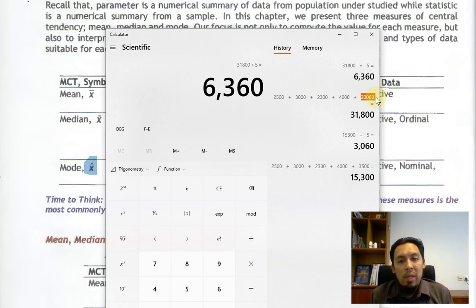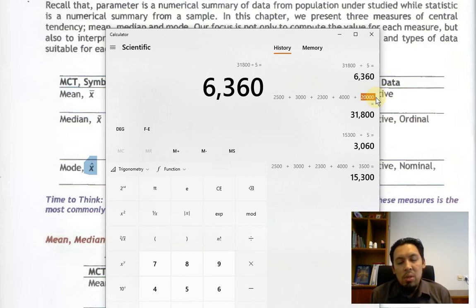So what is the most suitable MCT method to be used? We use median. So basically mean is good but it is sensitive to outliers, where you have data that is different from the group of your data.